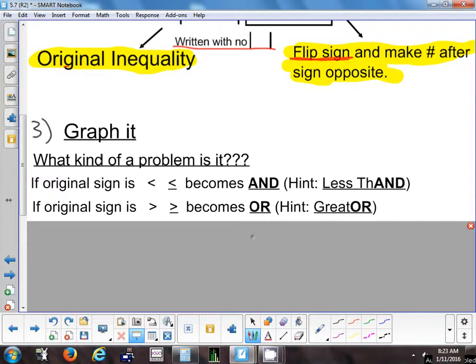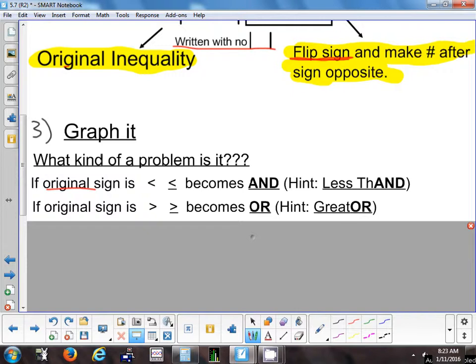If it's a less than or equal to in the original problem, okay, you're going to use and. Okay, and Mr. Roy wrote a hint here, if you kind of think how you pronounce it, less than. Kind of think of it that way, a little play on words there, less than. Okay.